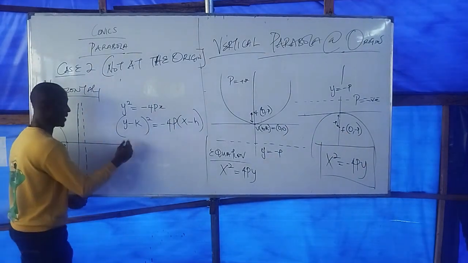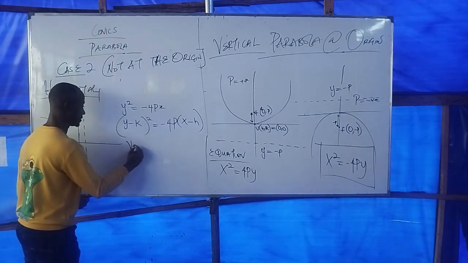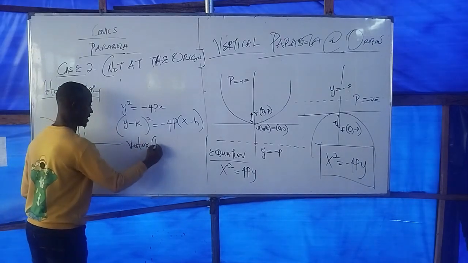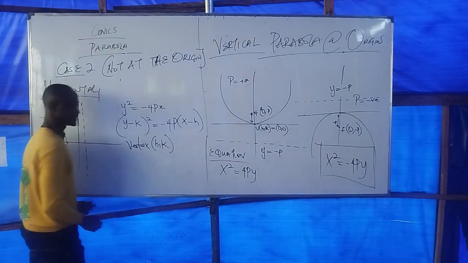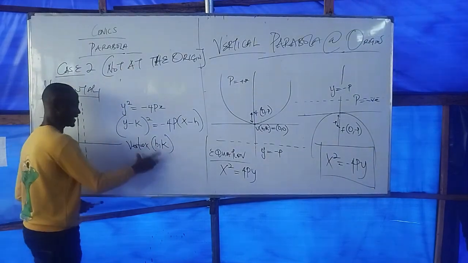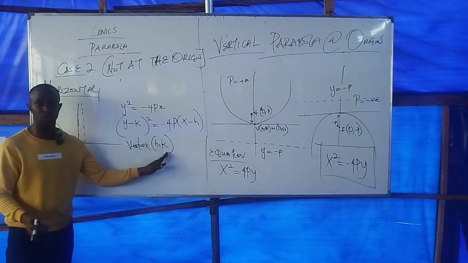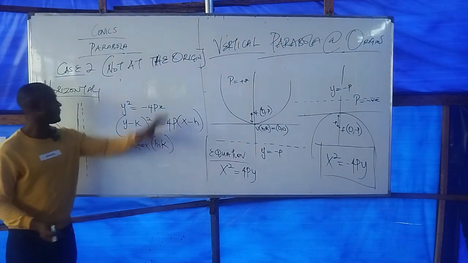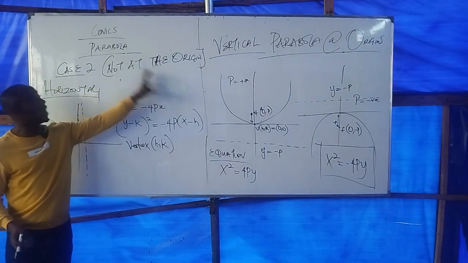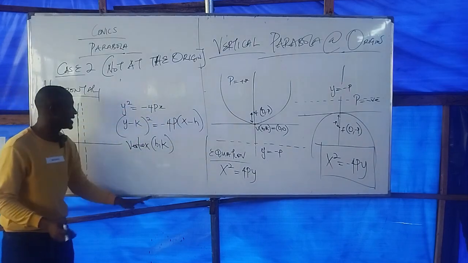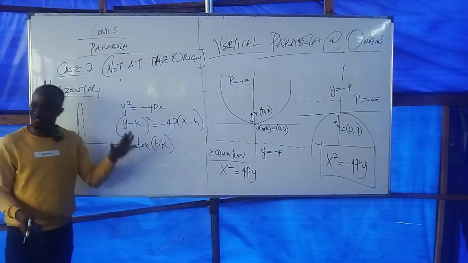Don't forget that every parabola has a vertex. The vertex is h comma what? k. So when the vertex of the parabola is at the origin, we say h and k become 0 comma 0. But for this parabola away from the origin, the vertex remains h comma k, not 0 comma 0.